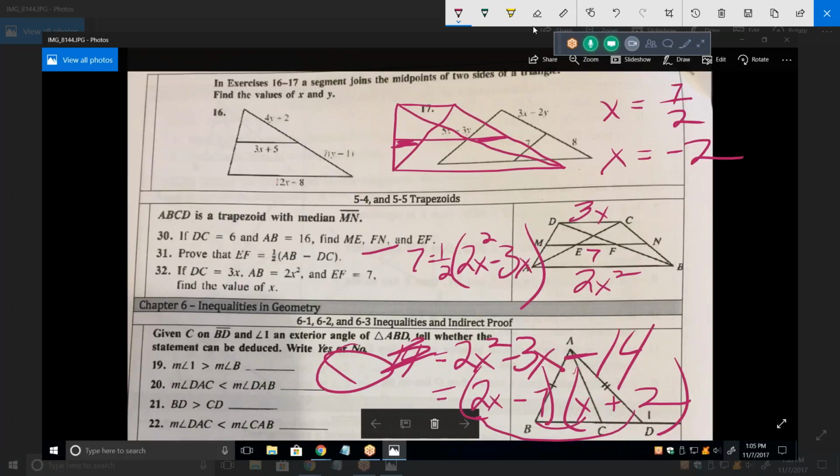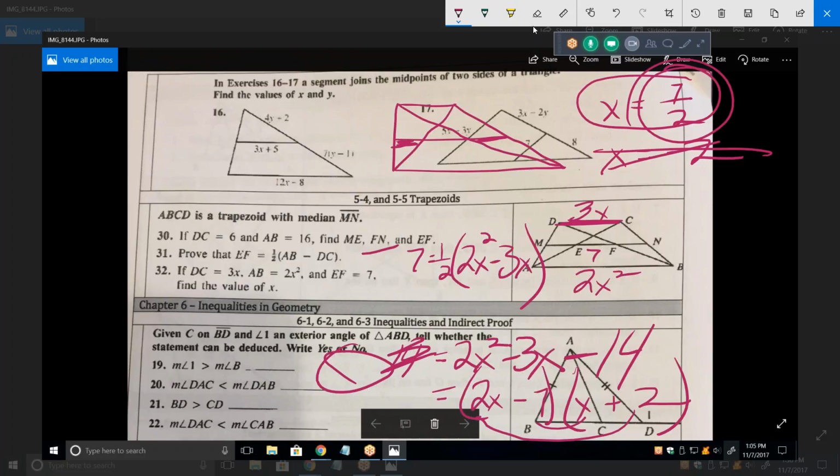Which one is the answer? 7/2? Has to be a positive number. Oh, it does? Because they've told us that DC is 3x. So x cannot be a negative number. So that's an extraneous solution. We go with our positive answer, and this would make everything work, assuming that's an isosceles trapezoid.